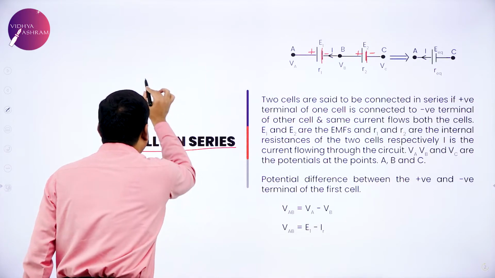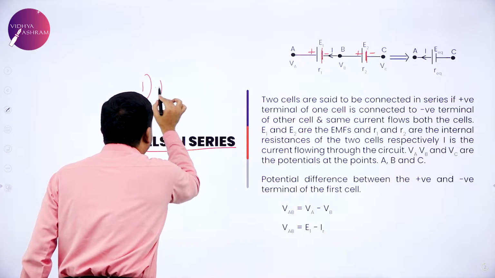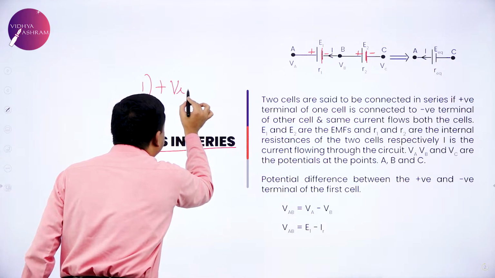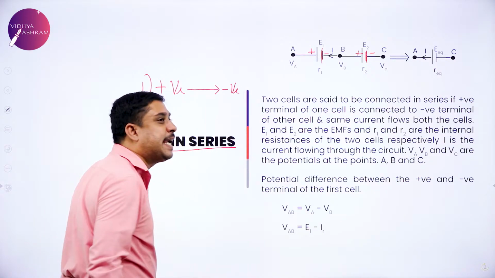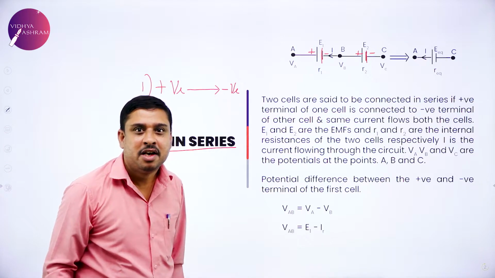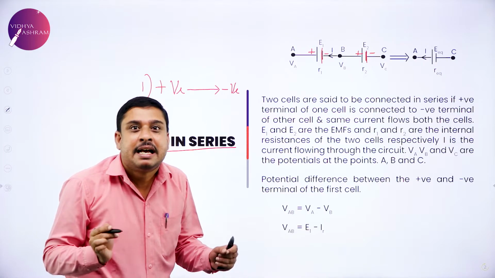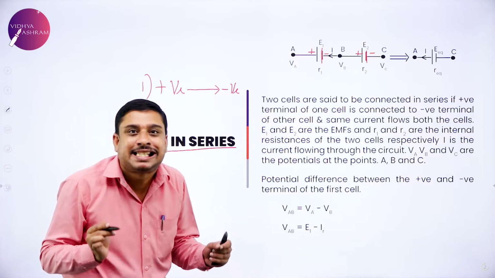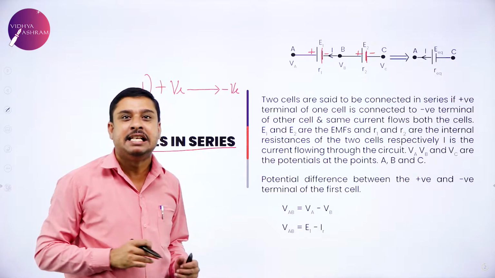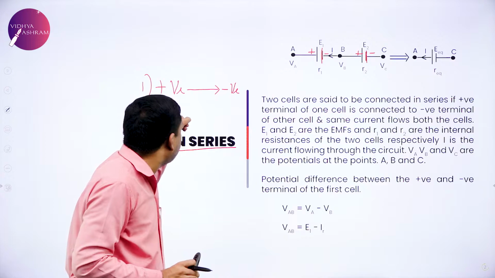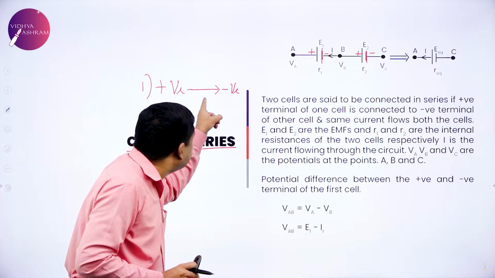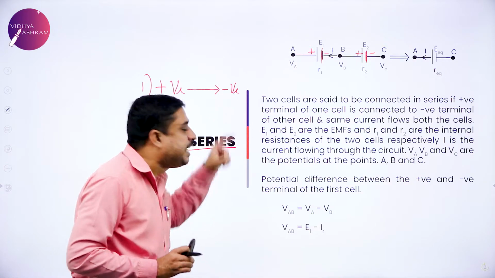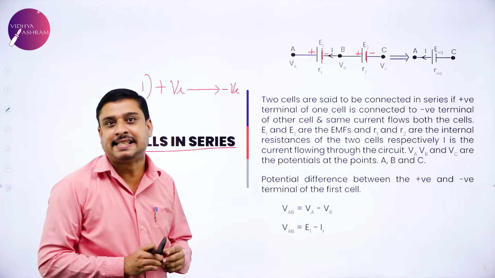Therefore, the first condition says the positive of one cell should be connected to the negative of the other cell.